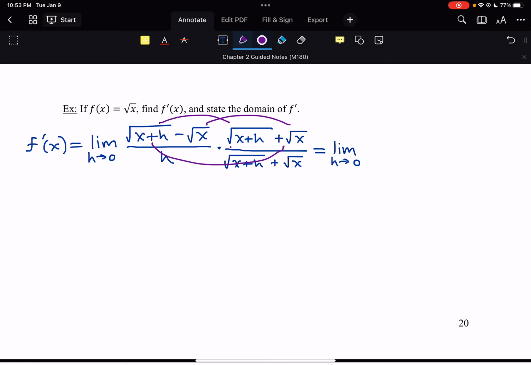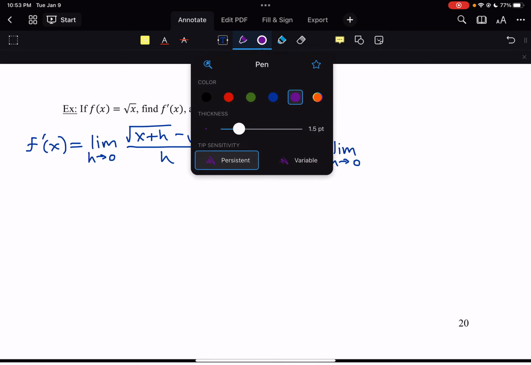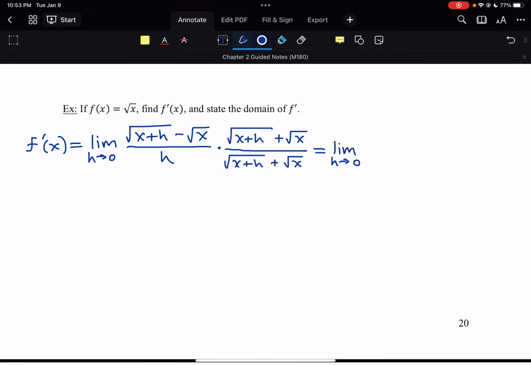But the outside and the inside are exact opposites of each other, and so they end up canceling to 0. And that's the whole point, is that those middle two terms cancel. So we're just left with x plus h minus x all over h times that whole set of terms down there. So square root of x plus h plus the square root of x.